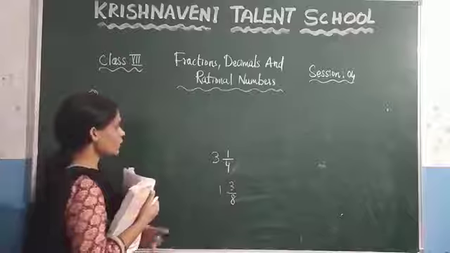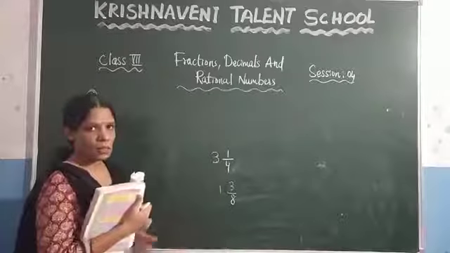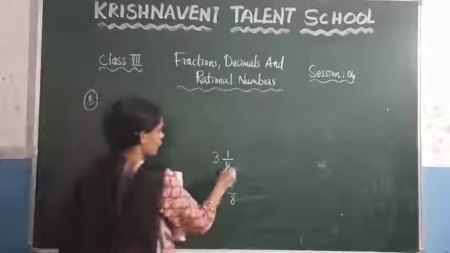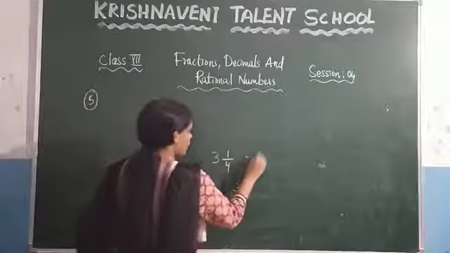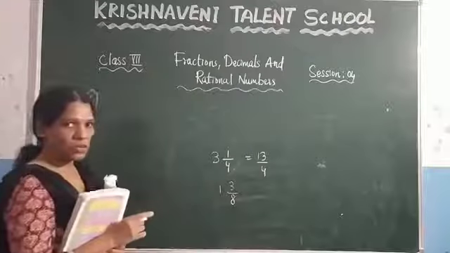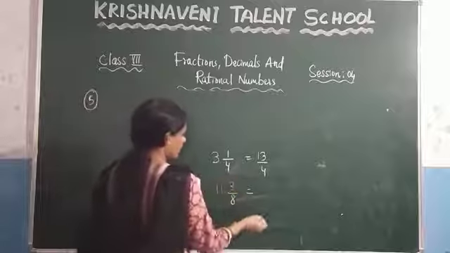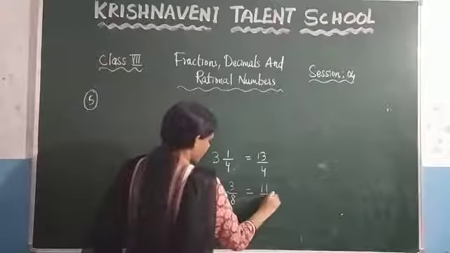So here, first you need to convert this one into the improper fraction. What will we get here? 4 3s are 12 plus 1, which is 13 by 4. This is the quantity of the flour she needs. And here 8 1s are 8 plus 3, 11 by 8.